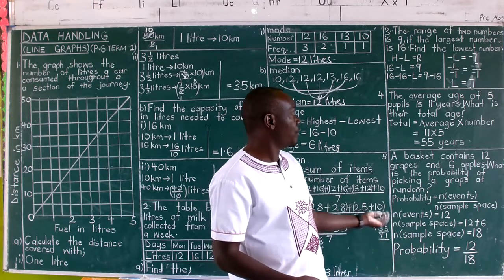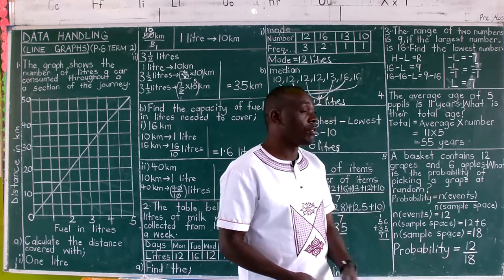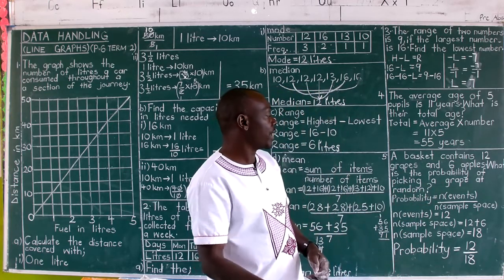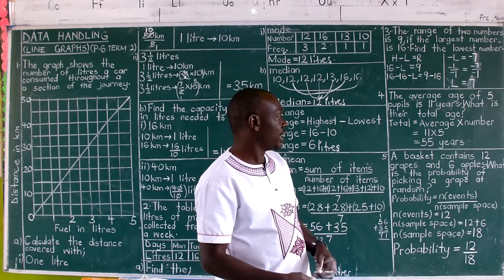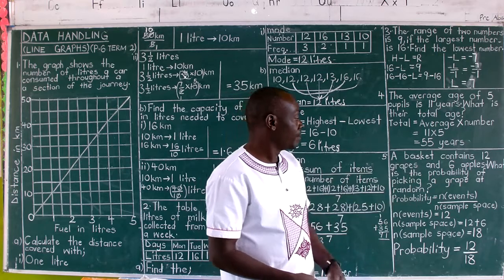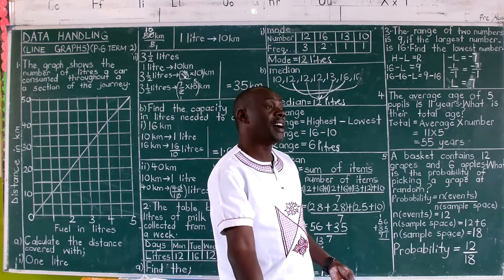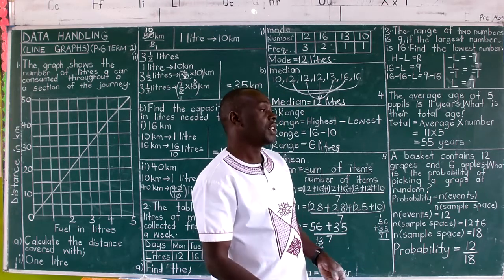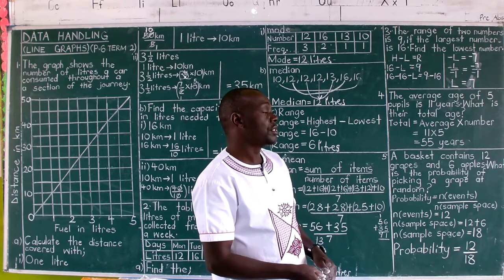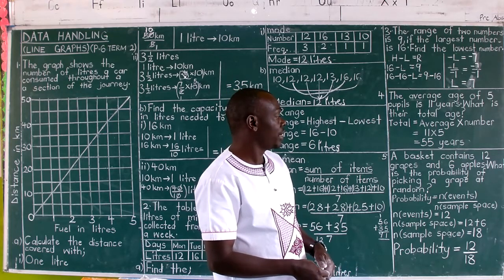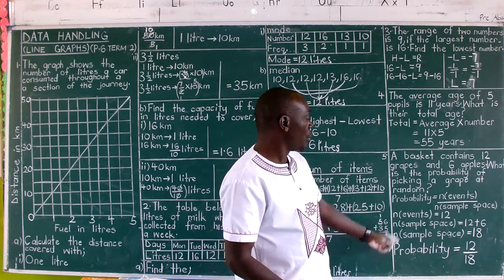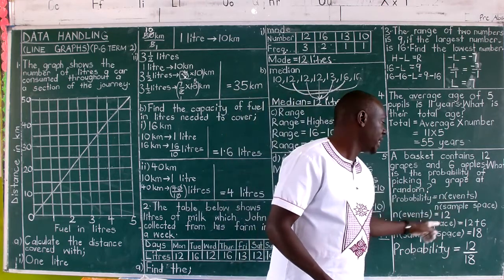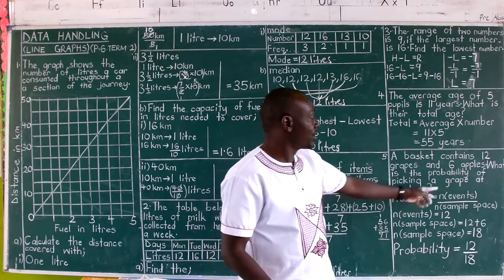But now they're asking for the probability of picking a grape at random. Random selection means picking without seeing in the container. So that's the basket. Just putting a hand in and selecting without having a choice by looking into the basket. That's called random selection. So probability is number of events divided by number of sample space. Now they're asking for a grape.